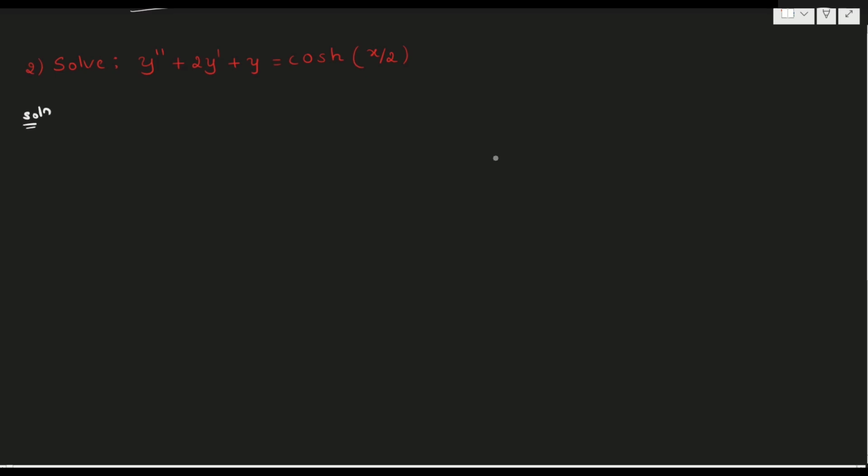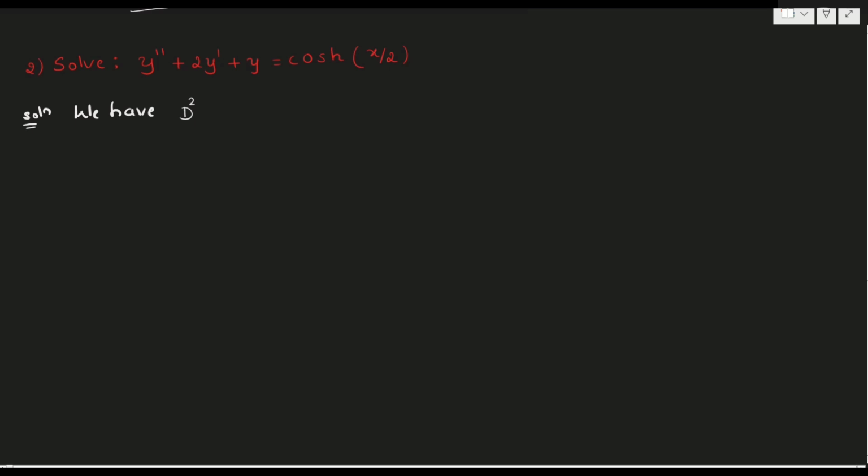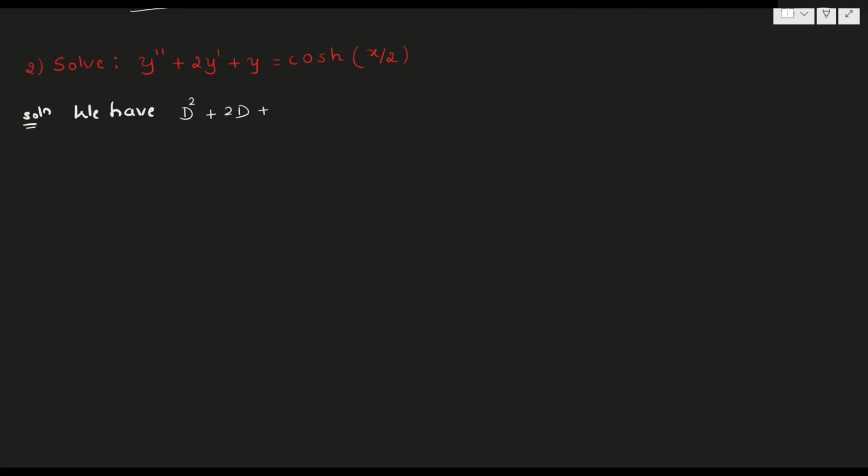So, as I said, we have to write it in the form (D square plus 2D plus 1) y equal to cos hyperbolic x by 2. It's a hyperbolic function.